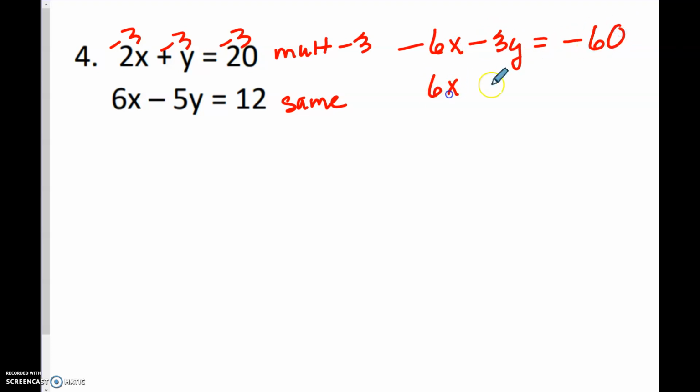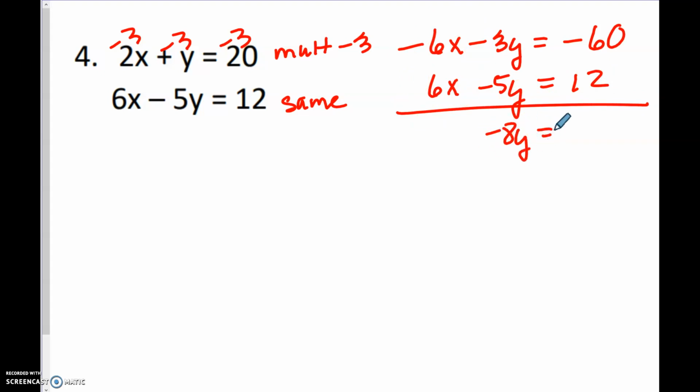And this one's going to keep the same. So now when I add these up, my x's cancel out, and I get negative 8y, and negative 60 plus 12 is going to be a negative 48. Divide by negative 8, and y is 6.